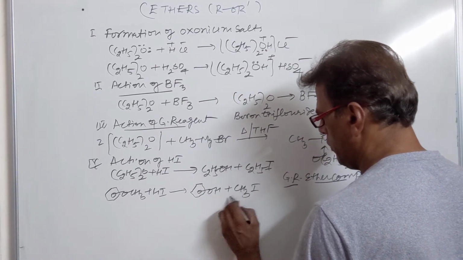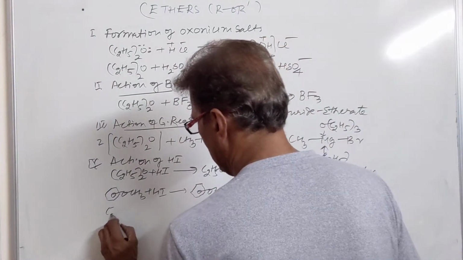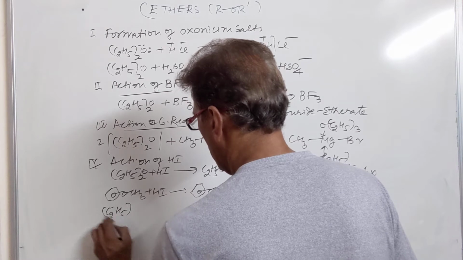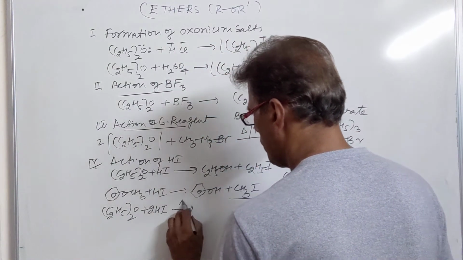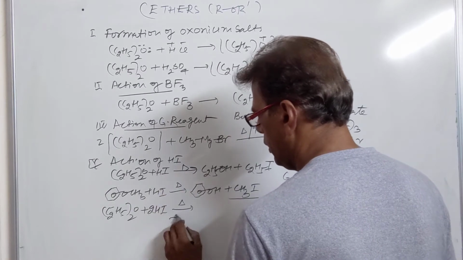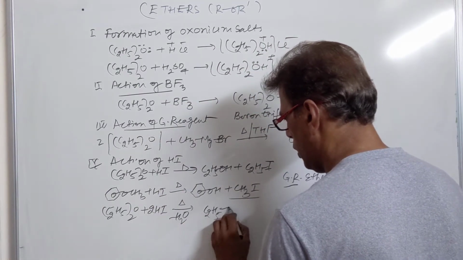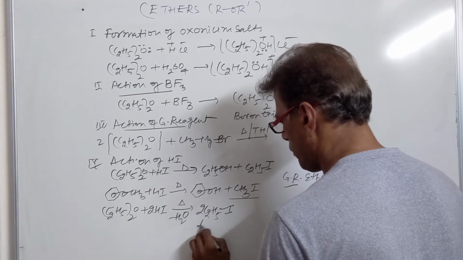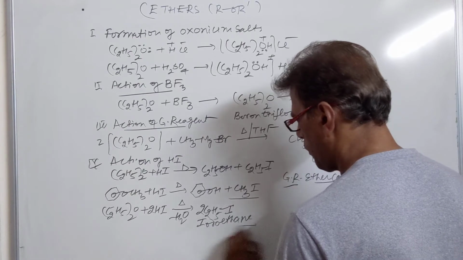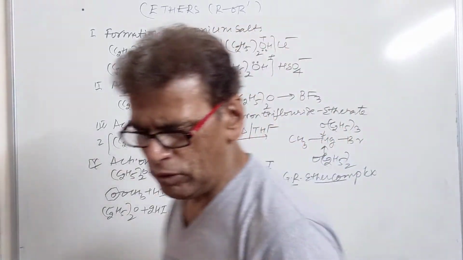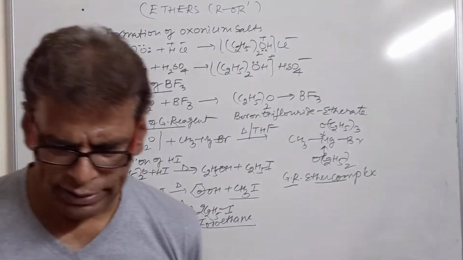The alkyl part will give you alkyl halide. Then when excess HI is taken, H2O is removed and we get two molecules of iodoethane. So excess HI will convert ether into alkyl iodides.